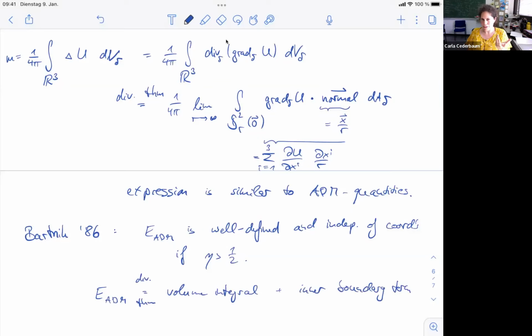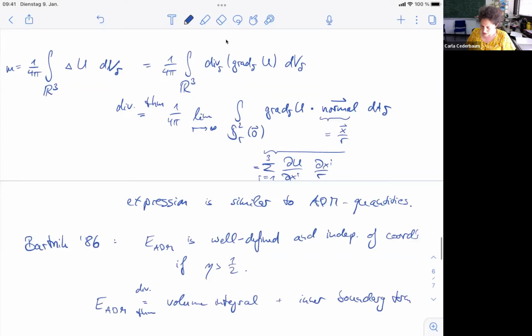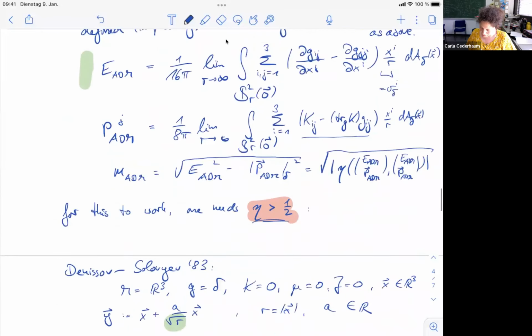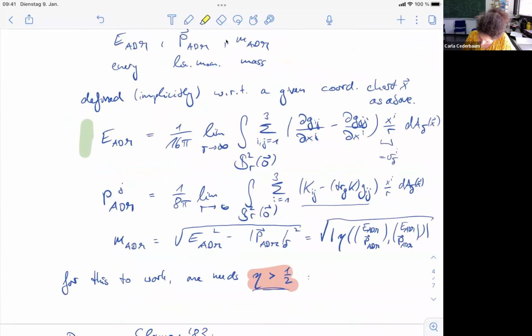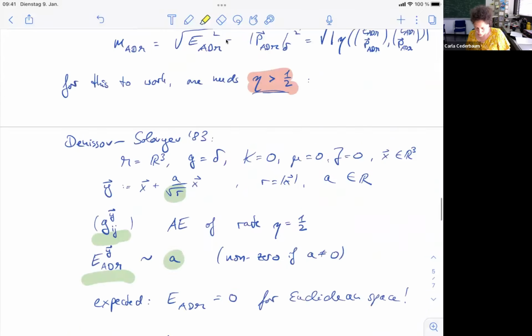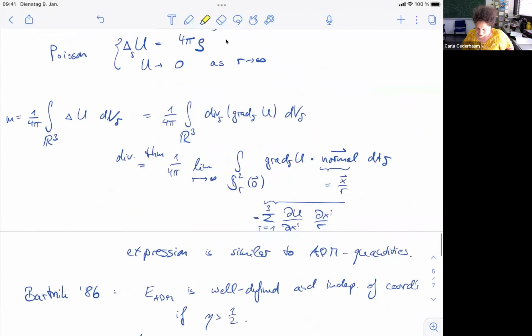Now we're starting with a surface integral at infinity, which, recall, had this form where we have this x^i over r here. So we have something multiplied by a normal integrated over a surface. And that's similar to here, where we have something times a normal integrated over a surface. And so we do it backwards.